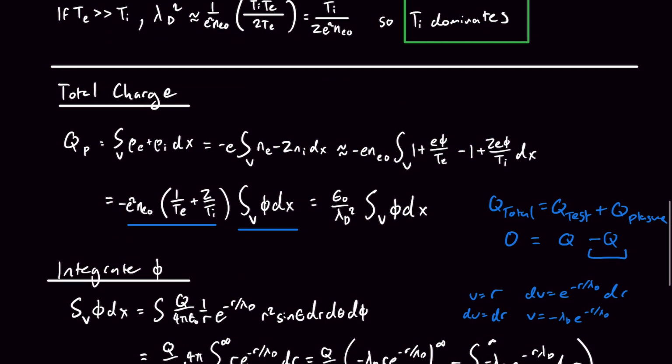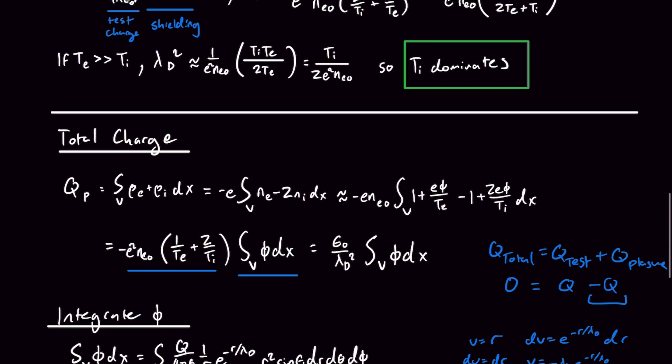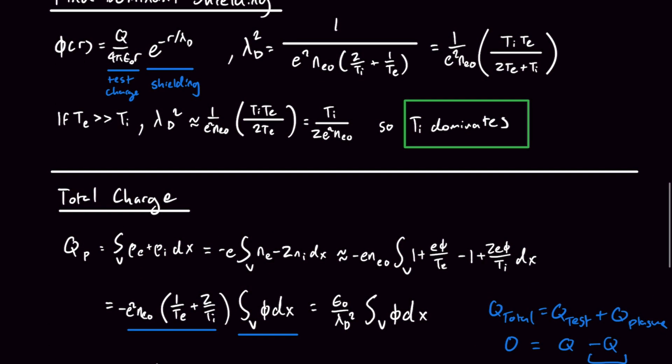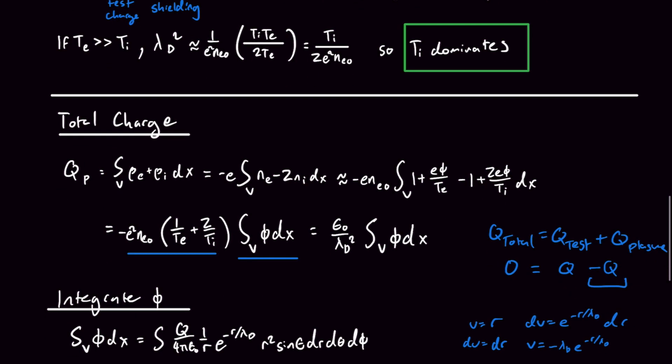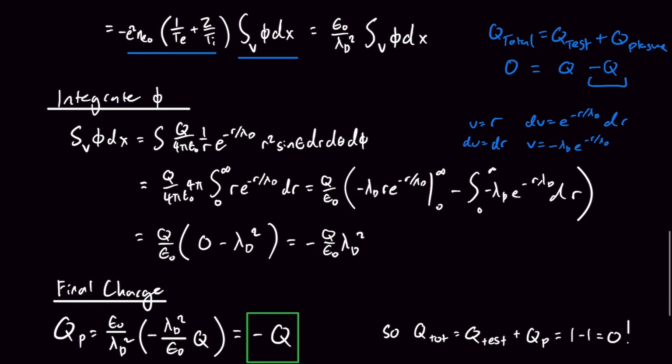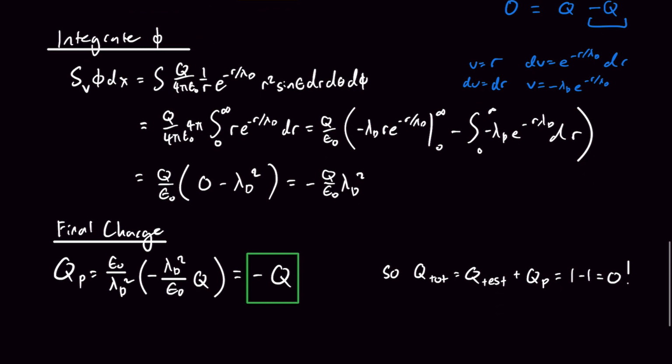potential over all space. In order to integrate the potential over all space, we want the potential. So good thing we solved for this before. And let's just integrate by parts and plug this in. And we will get this term here.